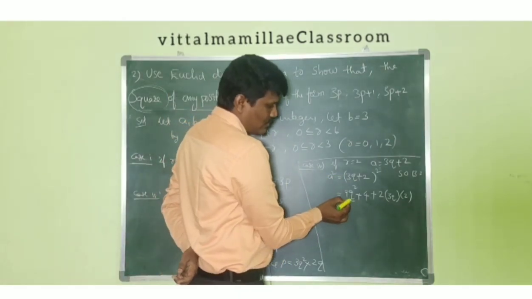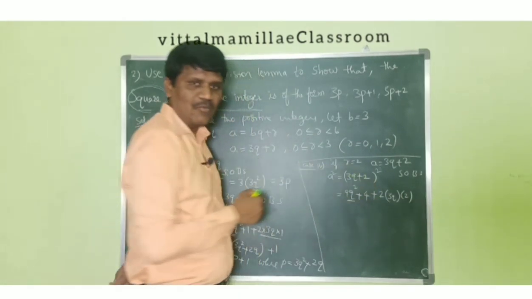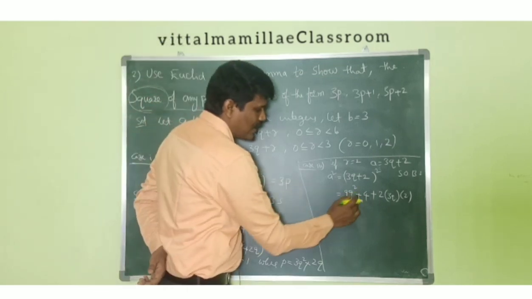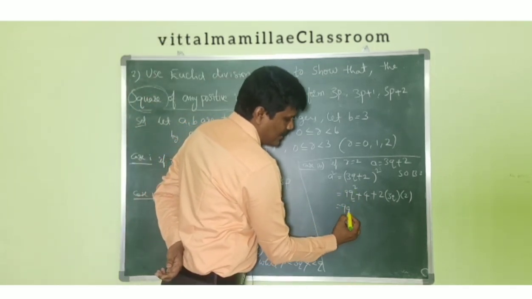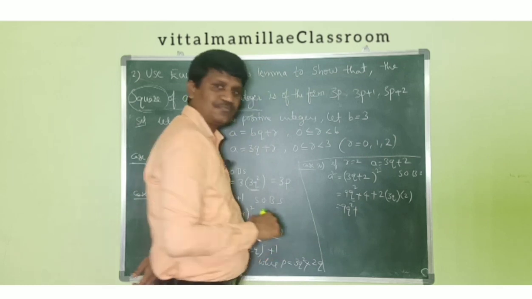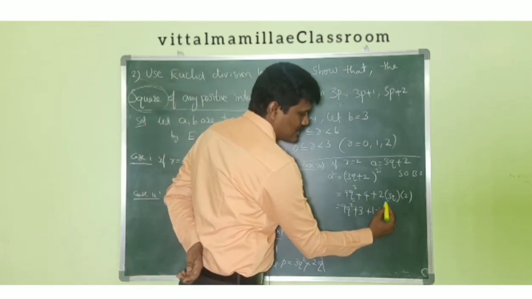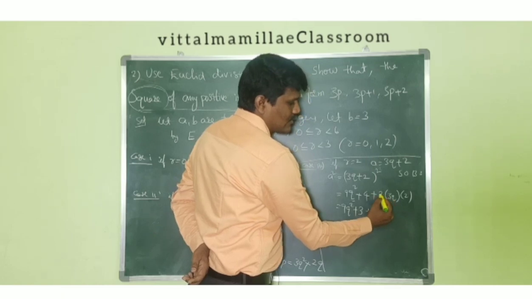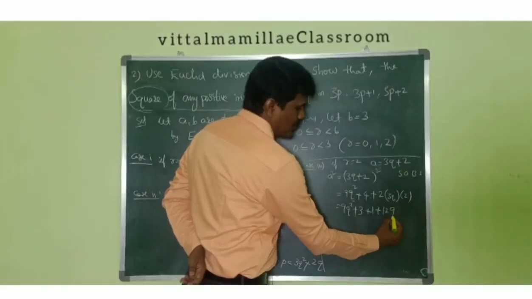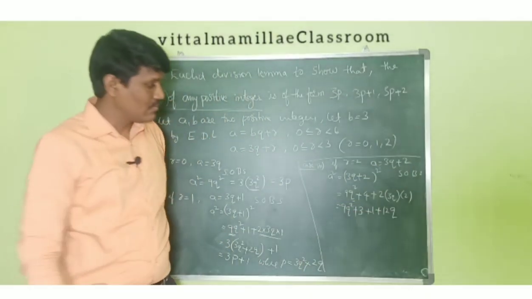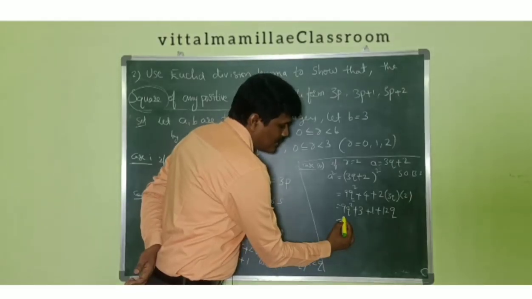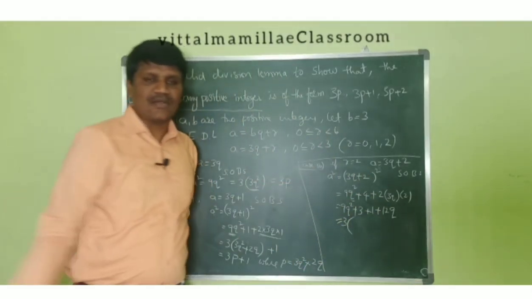Now if you observe from this, what common can I take? 4 I will write as 3 plus 1, plus this total is 12q. Now here I should take 3 common.